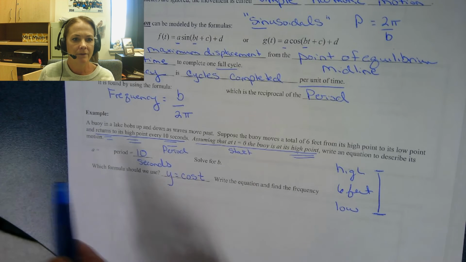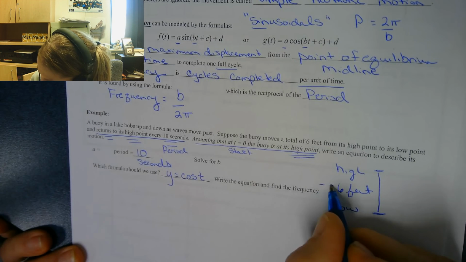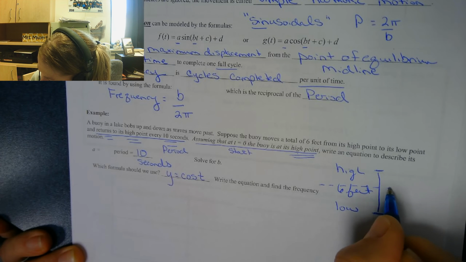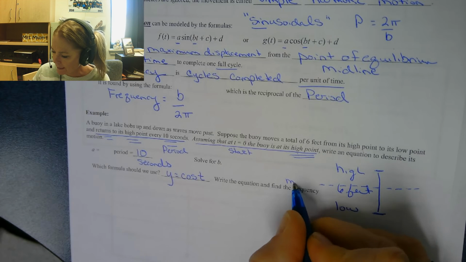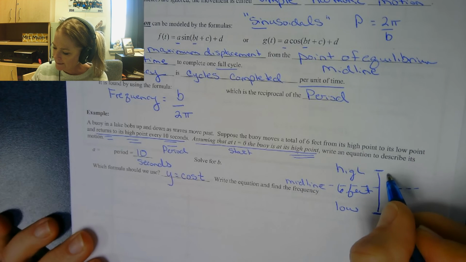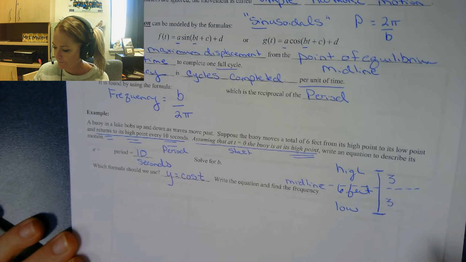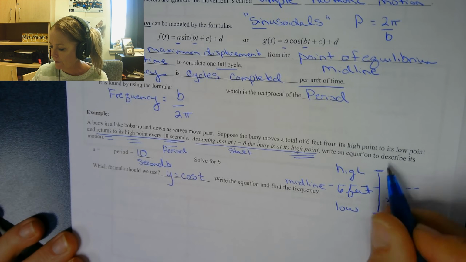Okay, so the only other thing I need to get here is A. The high and the low points of a sinusoidal are symmetrical over this midline, or that equilibrium line. So this is a split of 3 and 3. I don't know what the high and the low point are.